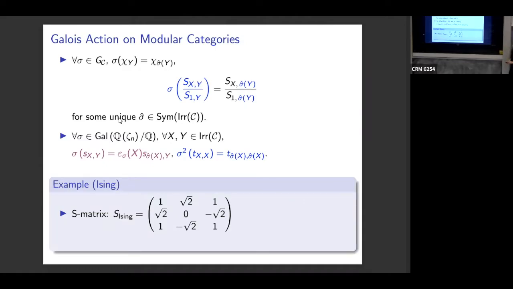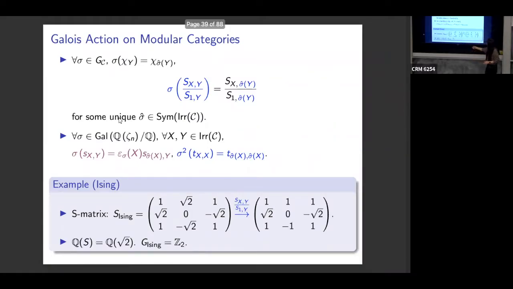Let's think about an Ising modular tensor category. The S matrix is given this way. If we rewrite them by dividing the dimension on each column, and look at the entries, you can probably guess how the Galois group element acts.